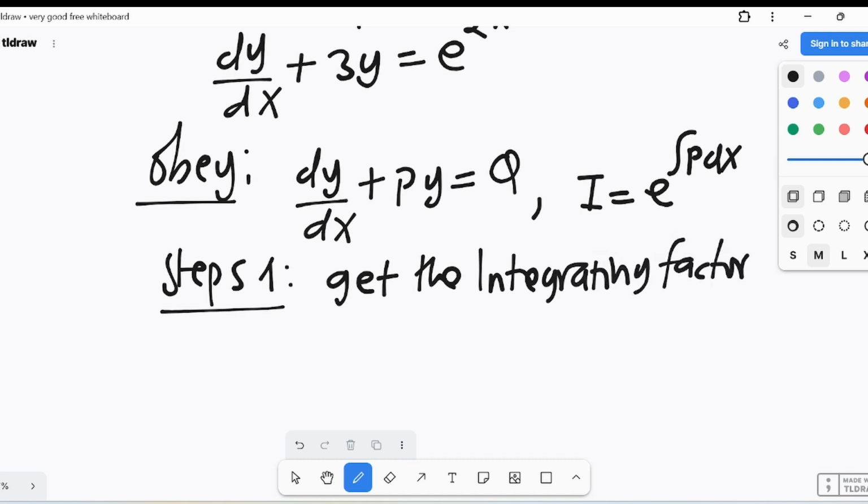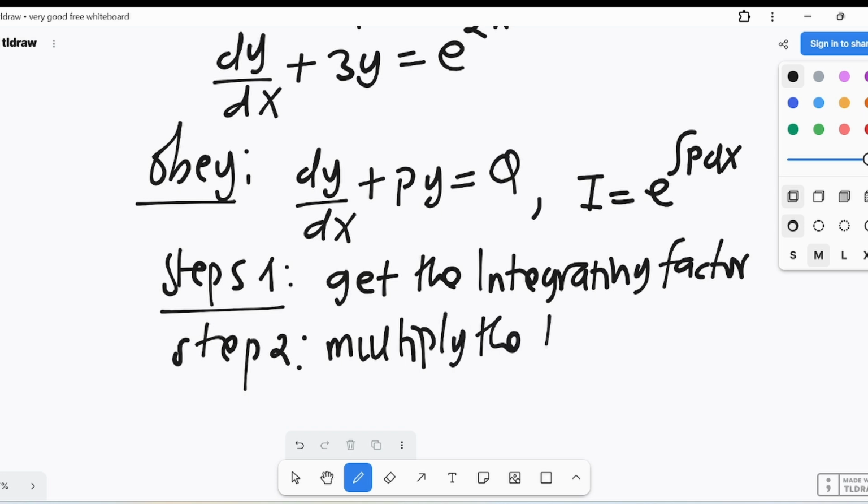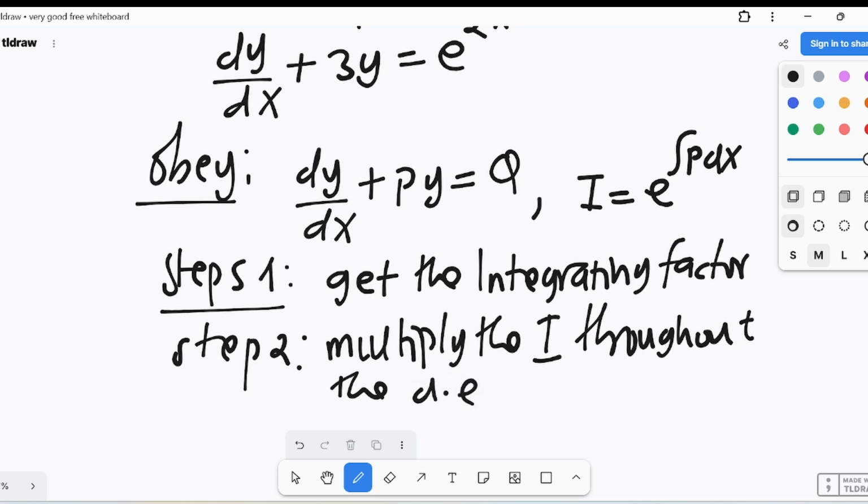Step number 2: after getting the integrating factor, multiply the integrating factor I throughout the DE. Now, the moment you multiply it throughout the DE, it has now turned into an exact DE.